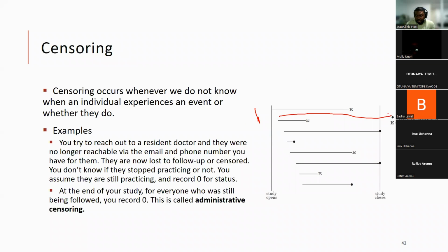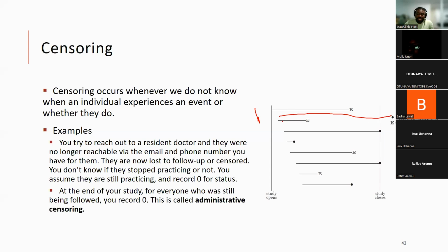So I think for the left censoring, the event had occurred before the patient or the respondent had been recruited. Excellent. That's left censoring. Okay. And what is right censoring? While for the right, the study has been concluded, then the patient now had the event. Not necessarily. So anytime after you start the study, that is right censoring.